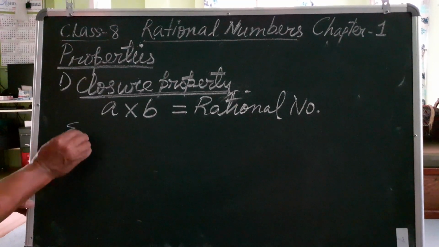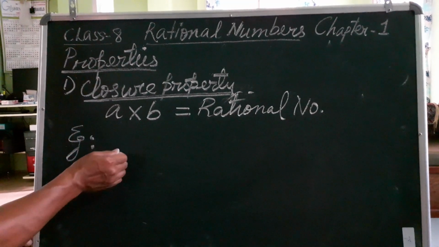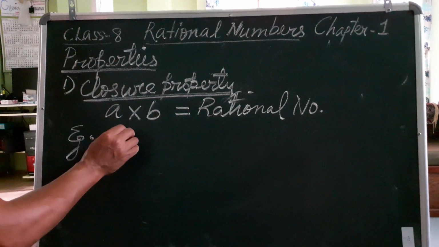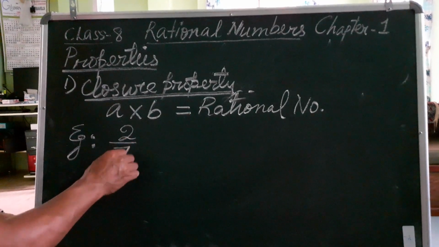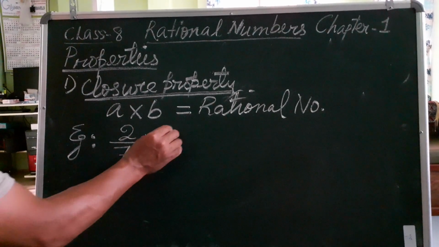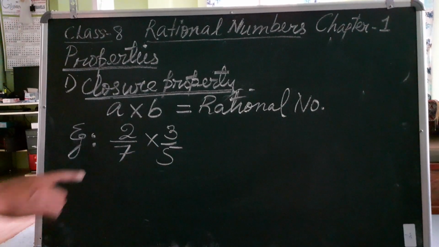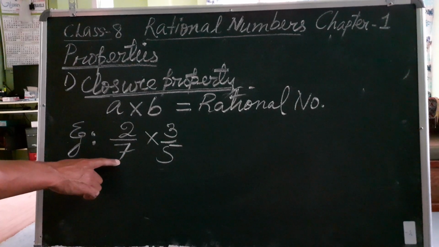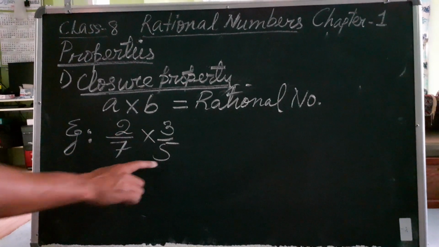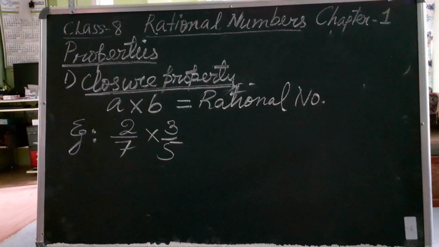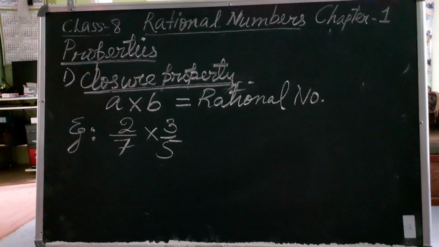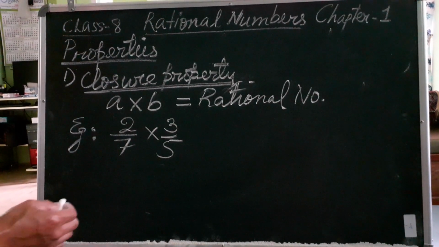For example, if you multiply 2 by 7 with 3 by 5. Here 2 by 7 is a rational number, 3 by 5 is a rational number. When you multiply these two, the answer is a rational number.